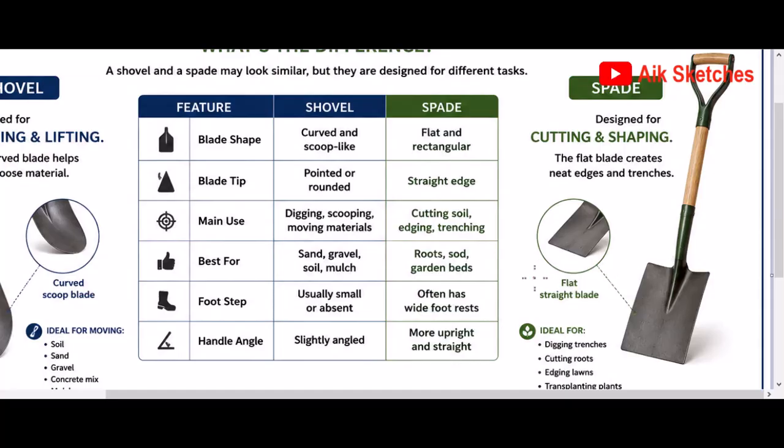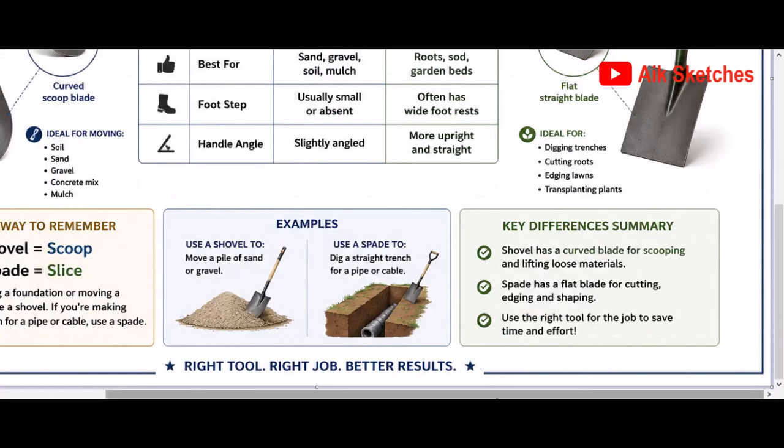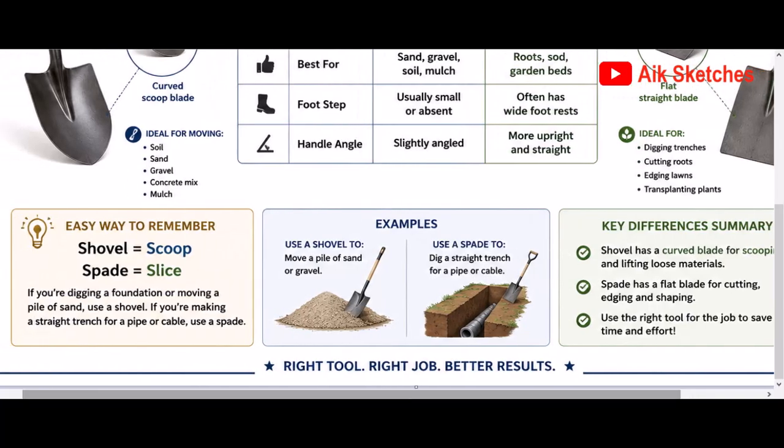Okay, so let's go to an easy way to remember the difference between these two: a shovel is used to scoop, while a spade is used to slice. If you're digging a foundation or moving a pile of sand, use a shovel. If you are making a straight trench for a pipe or cable, use a spade.